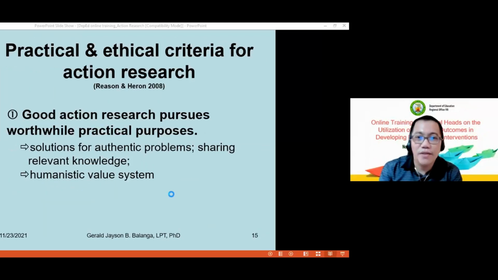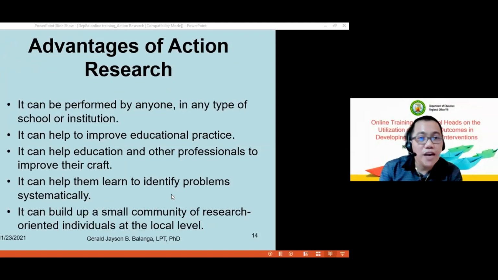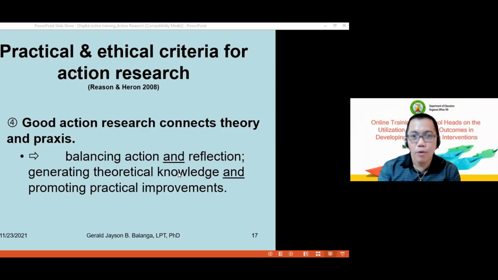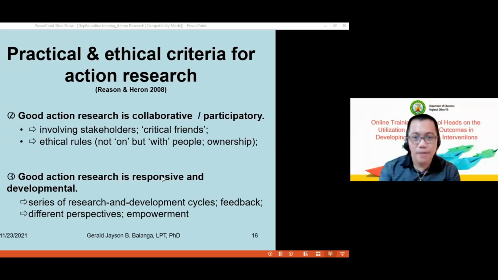Advantages, in the interest of time, alam nyo na yan. Practical and ethical criteria. Of course, a good action research should pursue worthwhile practical purposes. So dapat yung intention mo, you want really to solve problems. Collaborative, participatory. It is responsive and developmental.